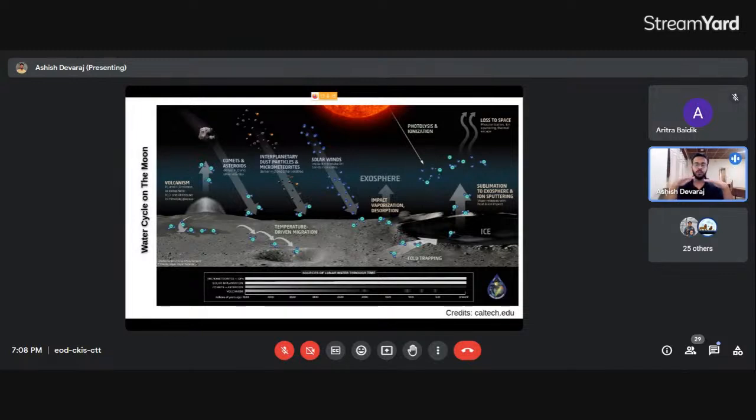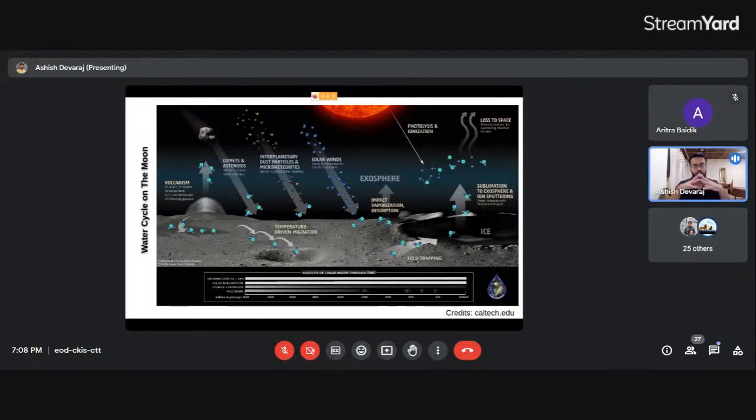But since the moon doesn't have a thick atmosphere, these dust particles and micrometeorites fall to the surface of the moon, and those particles also bring in water. The third one is the solar wind. The solar wind is the ions and atoms coming from the surface of the sun, which move through the solar system, and once they interact with the moon, they form hydroxyl ions, hydrogen and water molecules on the surface of the moon.